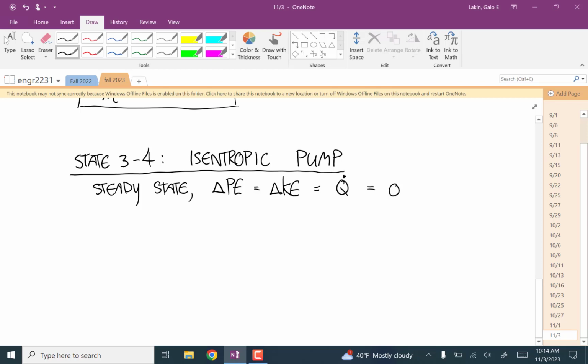And so we start with the control volume first law.